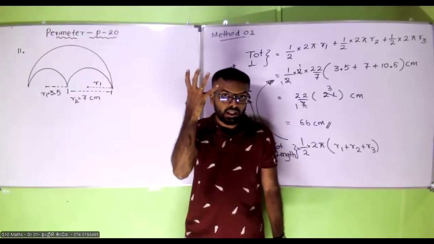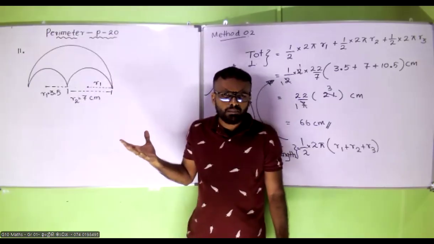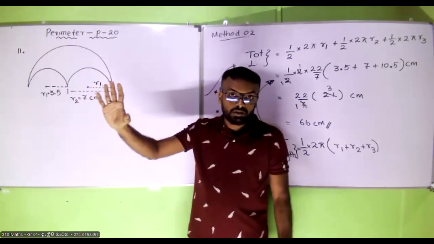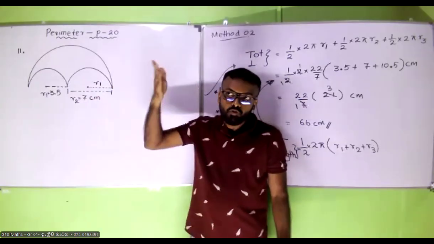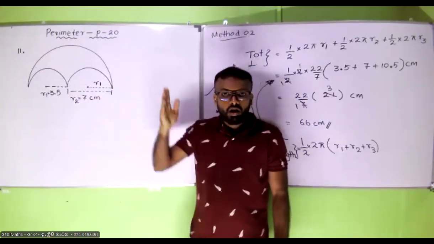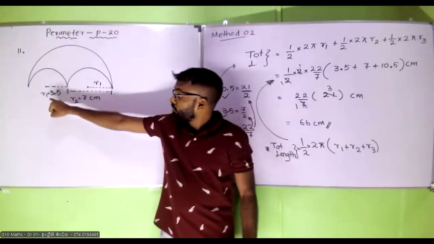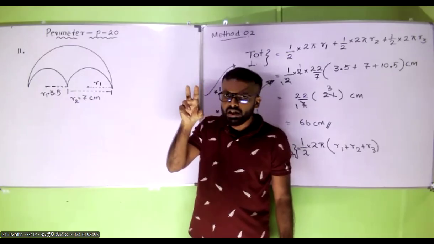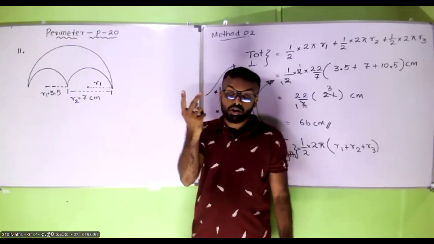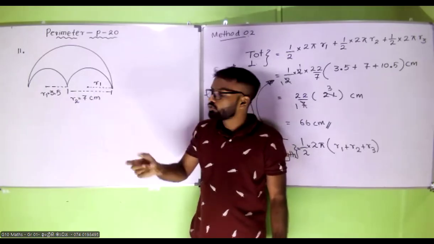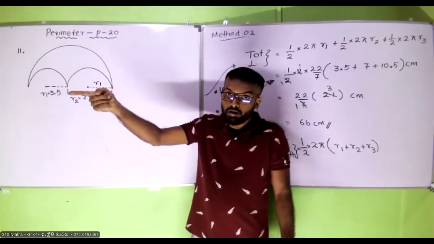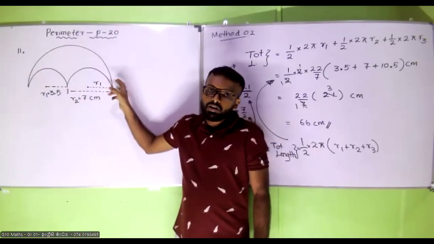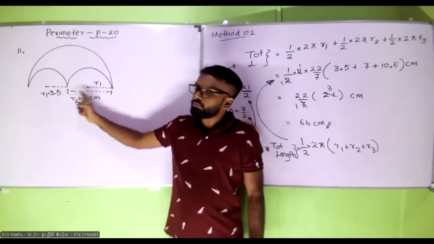Now think. Half circles: portion of circle, theta divided by 360, fixed, constant, half. Then 2π, constant. R1 means the radius of a small half circle, and you have two of them, so you need twice R1. Then the only changing one is R2, the radius.